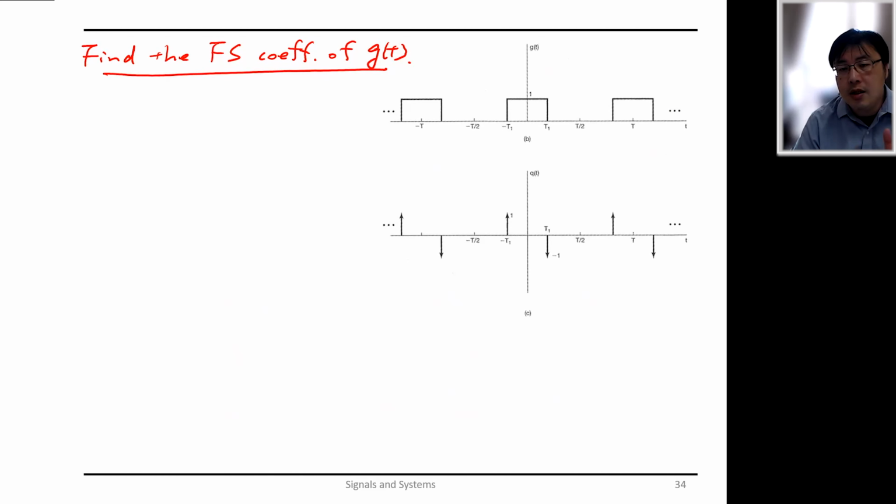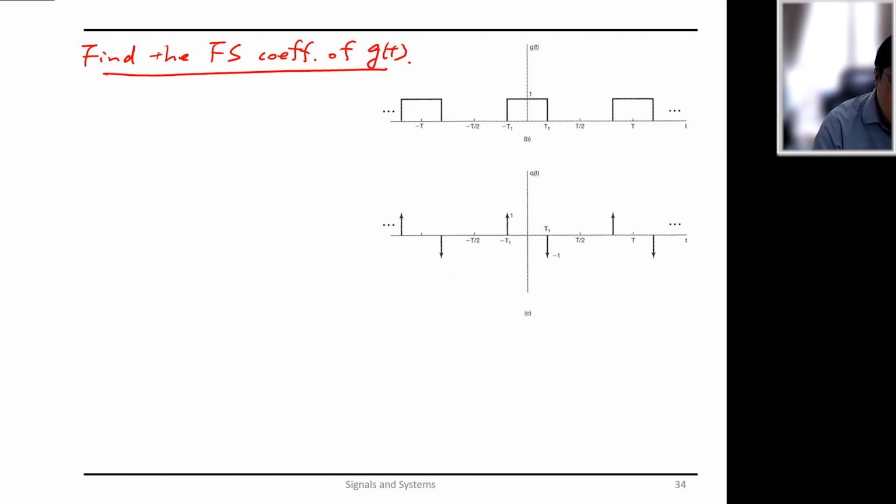This is because if you take the derivative of g of t, you will get a signal q of t that is equal to the summation of two impulse trains.